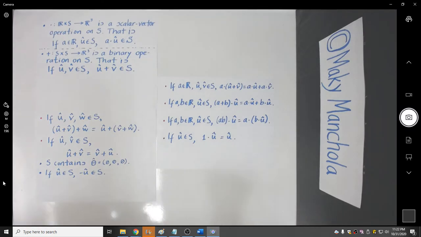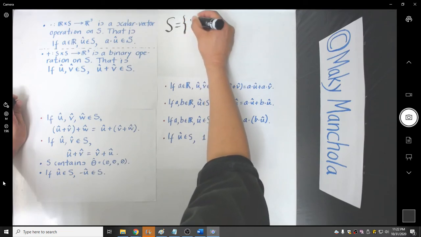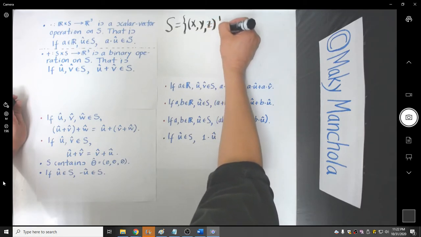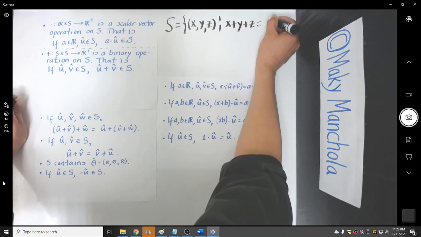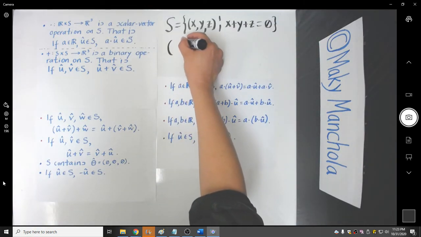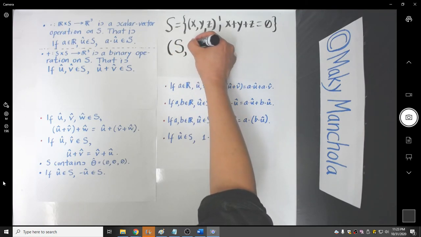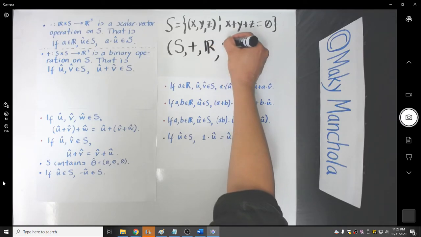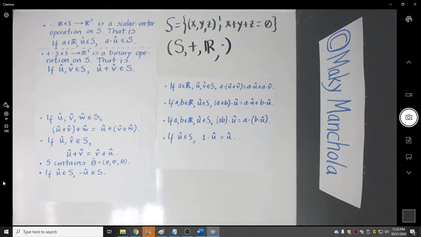Now, what is S? The set S consists of triples x, y, z, such that x plus y plus z equals 0. Now, the structure we are studying right now has S, addition of elements in R3, the field of real numbers, and scalar multiplication of real numbers by elements of R3.